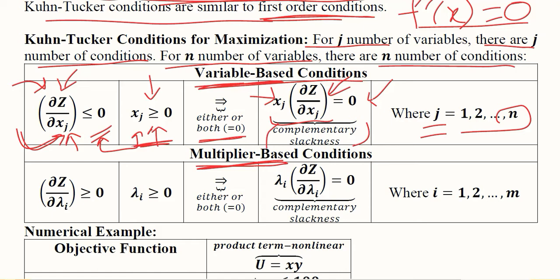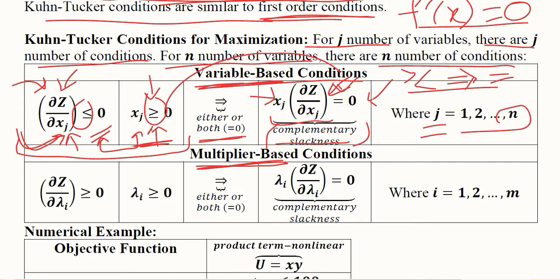It is known as complementary slackness because there are two terms that are complementing each other to play the role of slack. And a slack variable is actually a variable that is used to convert inequalities into equalities. So here the same is happening, that these inequalities are being converted into an equality and they are complementing each other in order to equate it to 0.